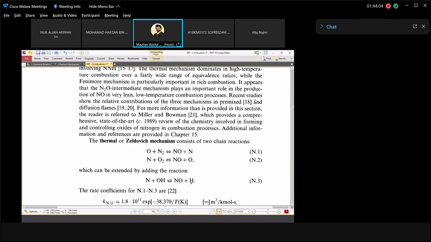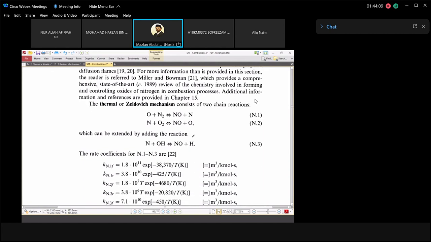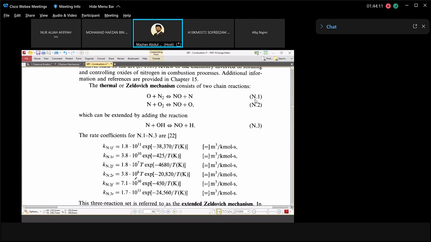The rate coefficients for reactions 1 to 3, there are six of them: one forward, two forward, three forward, and one reverse, two reverse, and three reverse.